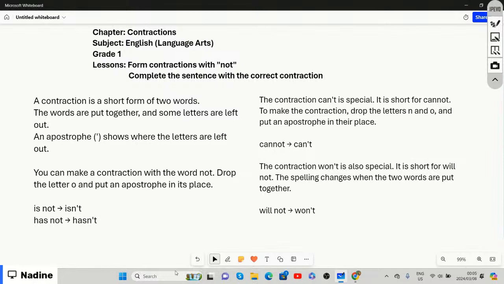And the lessons that we are going to focus on under the chapter of contractions are to form contractions with not and to complete the sentences with the correct contractions. So that is going to be our focus under the chapter of contractions.